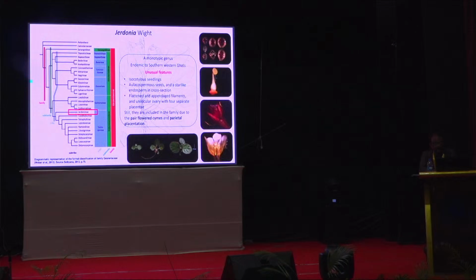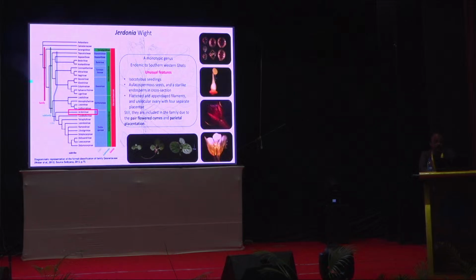In most of the other classifications, we put this Jardonia in some other families, but we are working on it because of the flower cymes as well as the parietal placentation. It is retained in Jardonia, and in the molecular phylogenetic analysis we can find the position of Jardonia under the basal genera, where it is treated in a monotypic subtype, Jardonia.